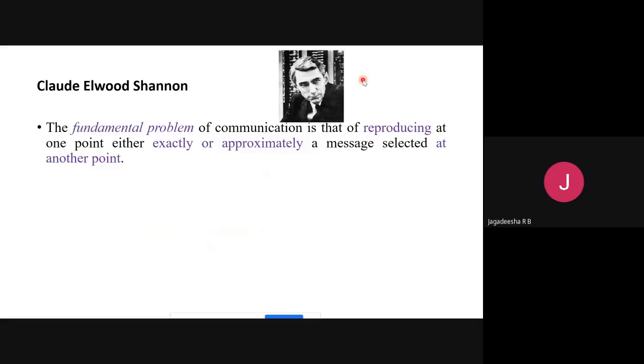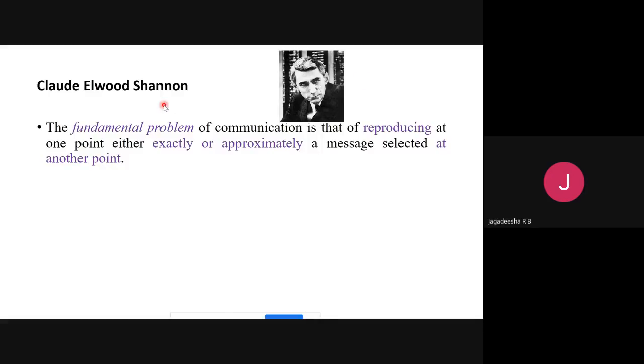He saw different events, for example someone speaking, tossing a coin or throwing a die. Different events or information he observed, and he thought, can this information be represented digitally? Is it possible? And then he gave some theories that are relevant even now, and will be used even in the future.